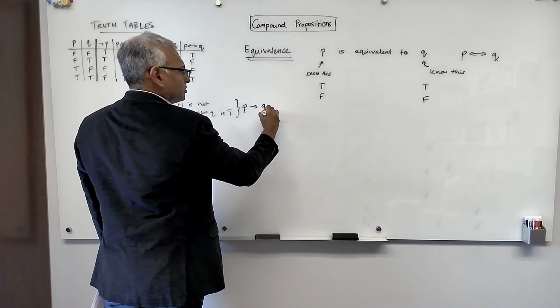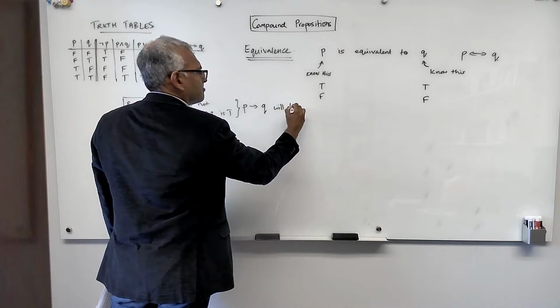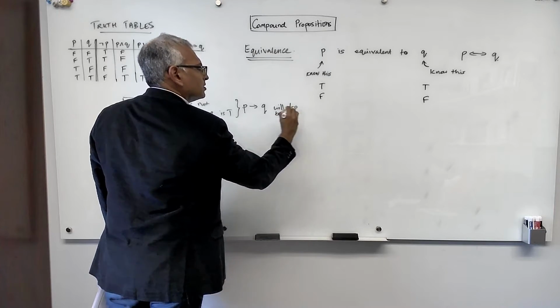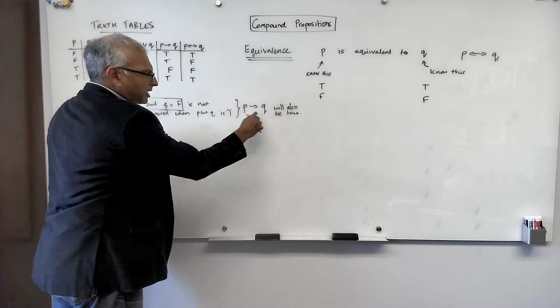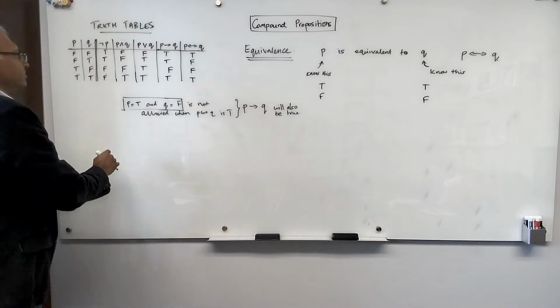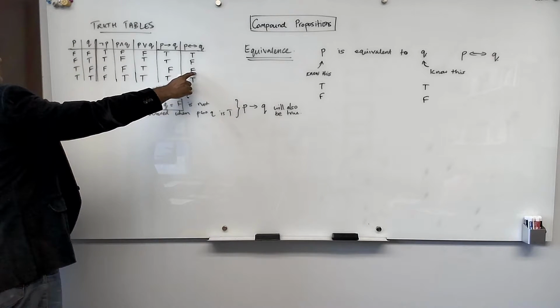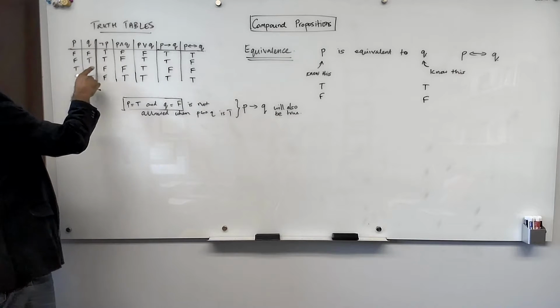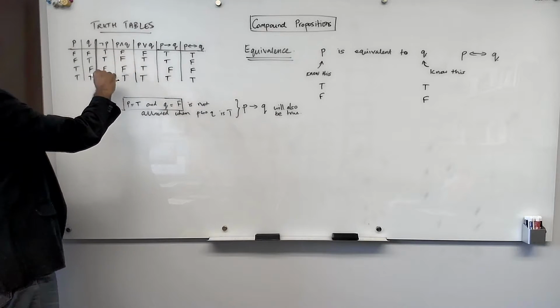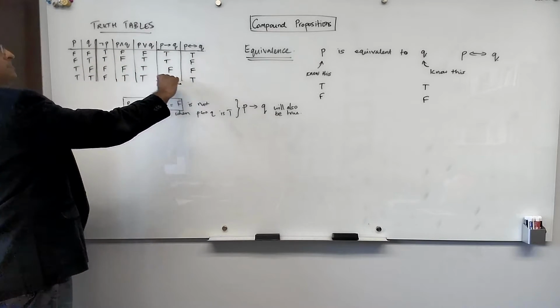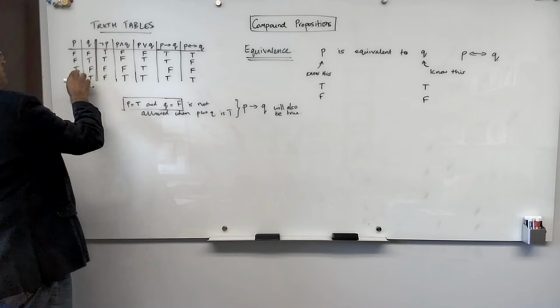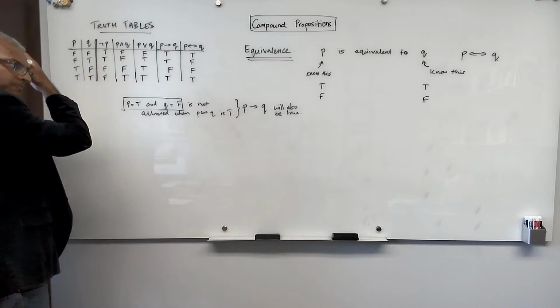So in any true equivalence, P implies Q will also be true, because this is not allowed in a true equivalence. And if that is not allowed, then P implies Q is true.